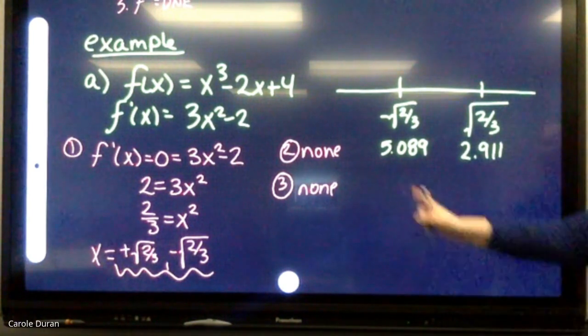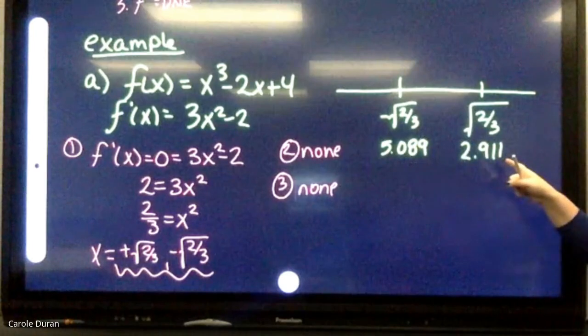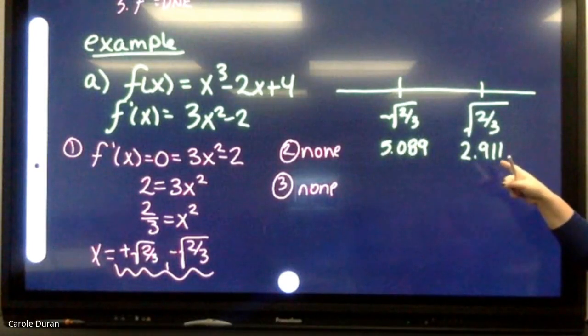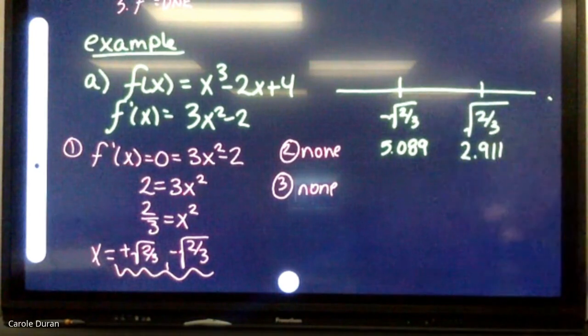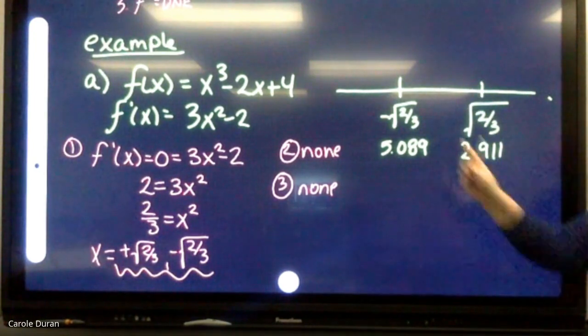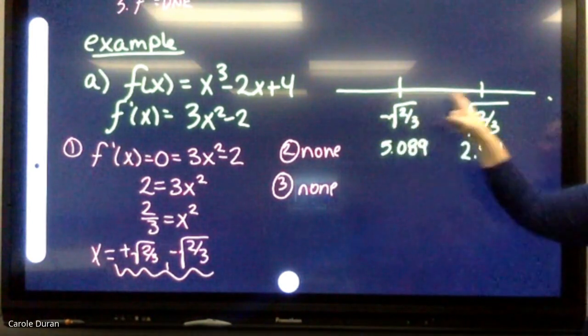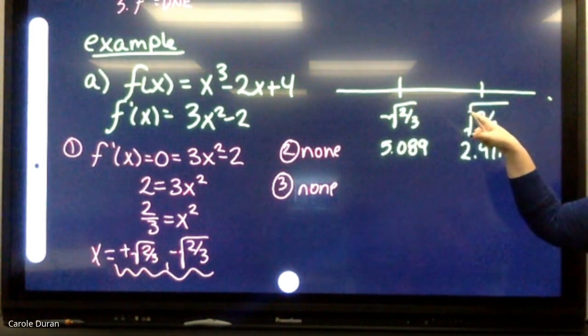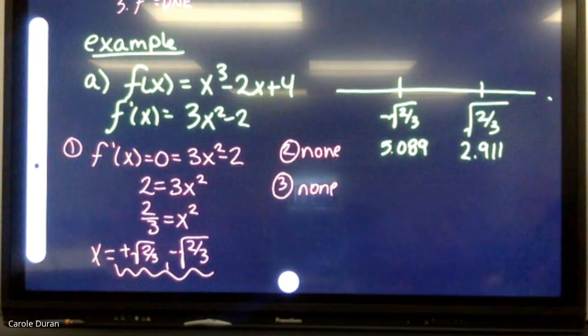As I'm looking at it, this is the higher y value, so I'm assuming this is the maximum. And this is the lower y value, so I'm assuming this is the minimum. But I still have to check. I need to verify that those are, in fact, turning points on my graph. So I need to plug in a number that's less than the negative square root of 2/3, a number between negative square root of 2/3 and positive square root of 2/3, and a number bigger than the positive square root of 2/3.